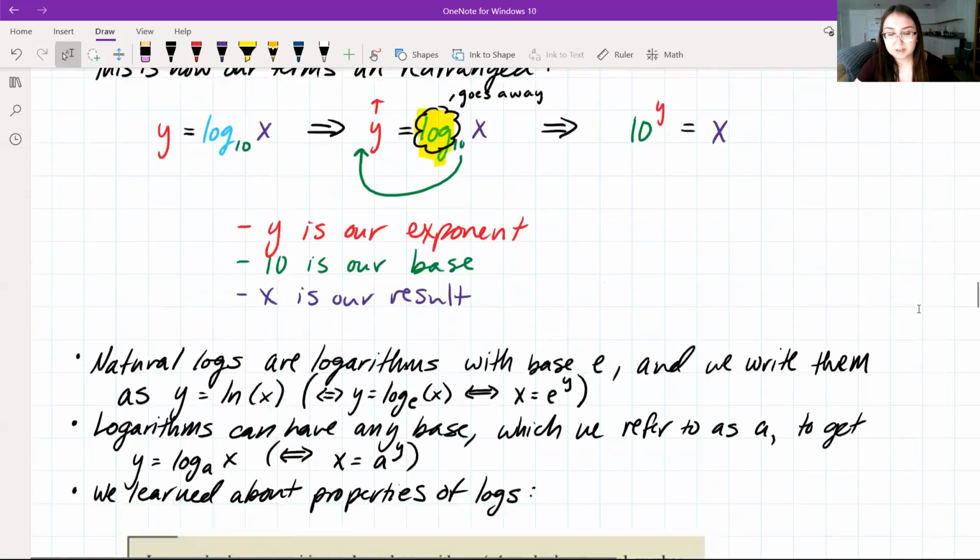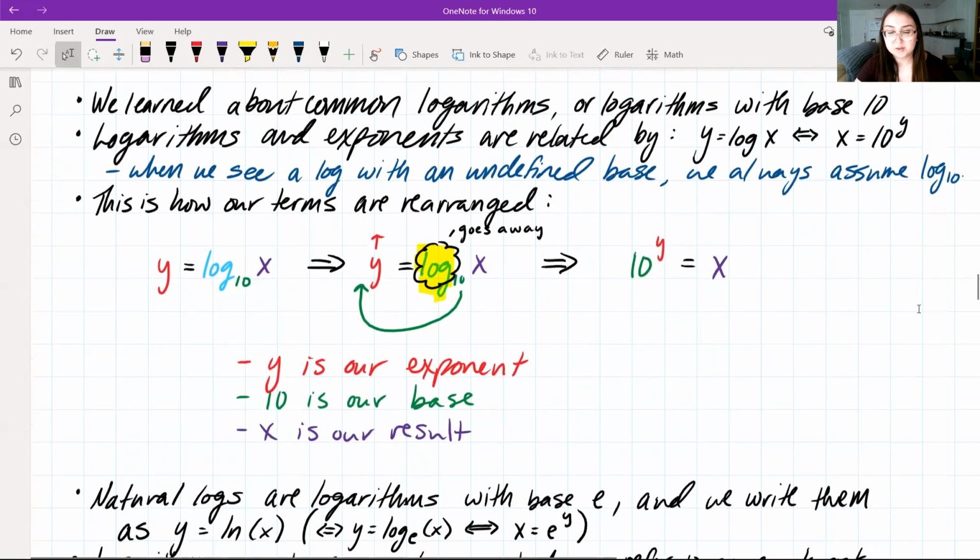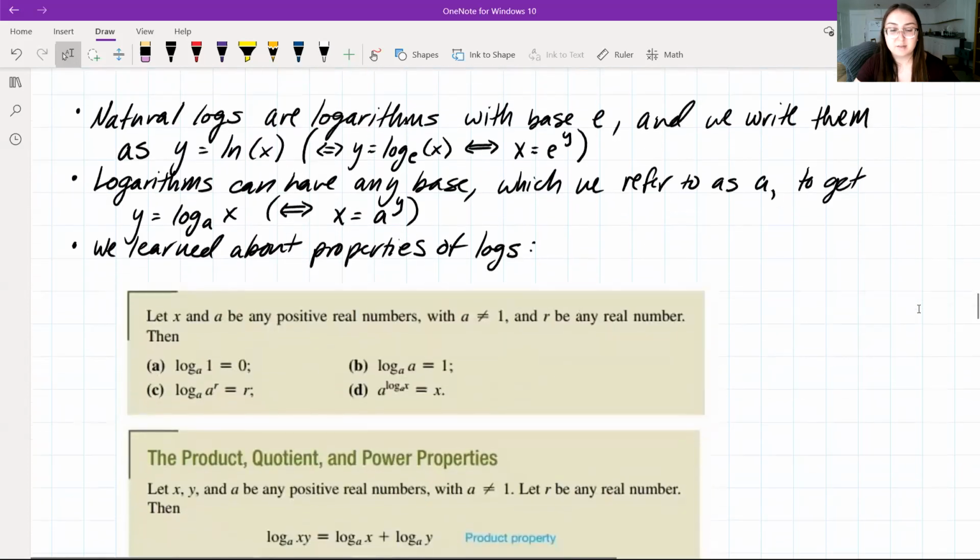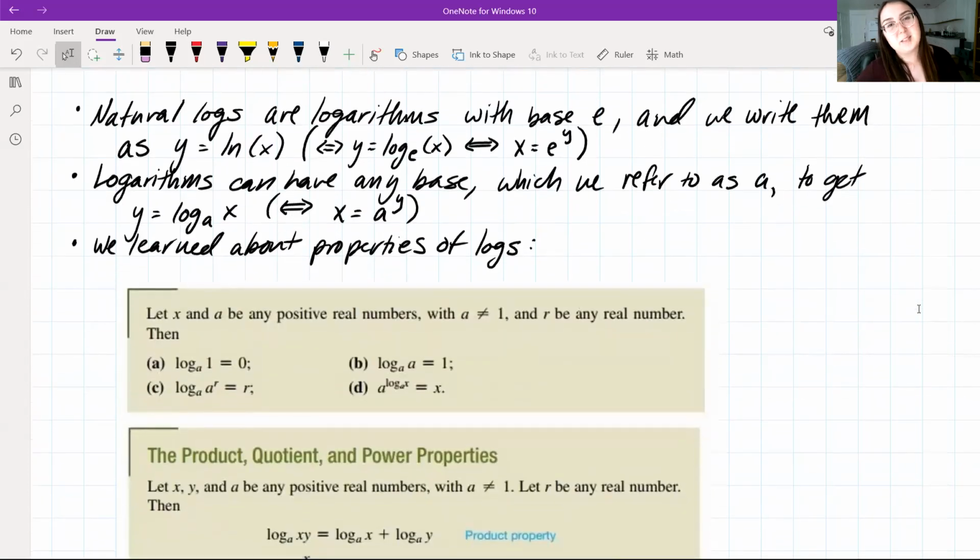Essentially we're looking at the same things, just replacing our base. And for natural logs, when we replace the base, we are essentially just changing what the word log looks like. Instead of writing log, we write ln.